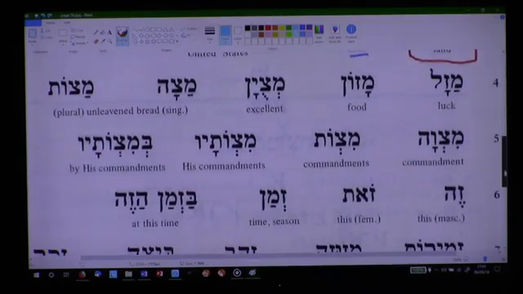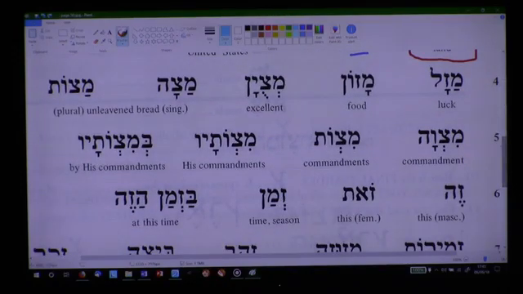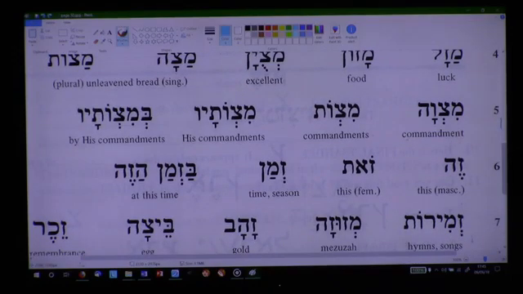Let's go on to commandments. Commandment, the singular is mitzvah. Commandments is again mitz.